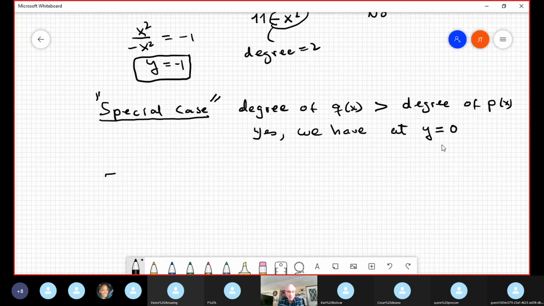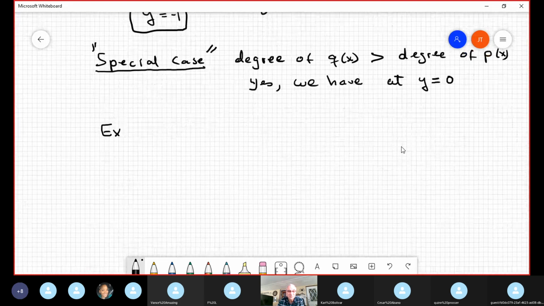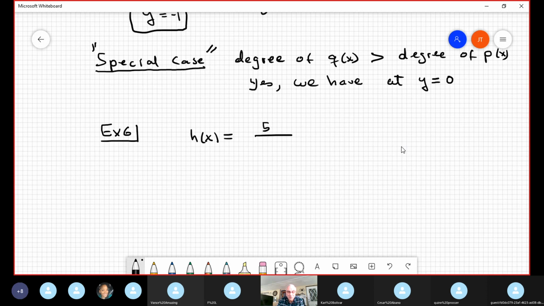Let me see one example. Example number 6. Example number 6 is the function h of x equals 5 over (4x squared plus 9). Confusing.